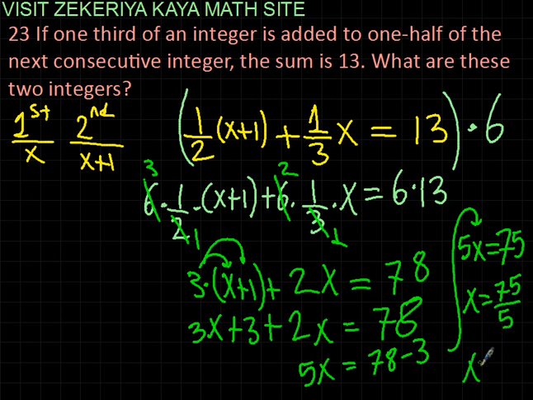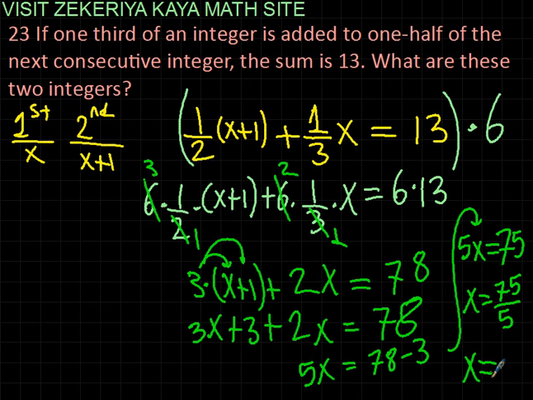So what? X is equal to what? Yes, 25. Look at that. Let's do it in our minds. I can write 75 as 3 times 25.